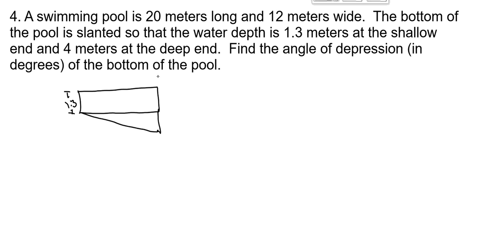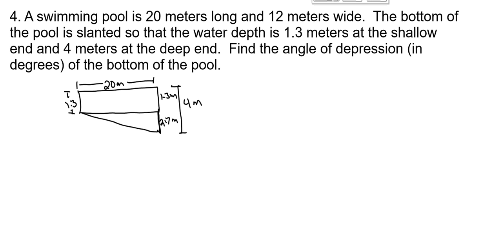We know it's 20 meters long this way. And 4 meters at the deep end. So I know this is 4 meters. And I wrote that a little bit further away because I also know this is 1.3 meters. And then if I take 4 minus 1.3, that's 2.7 meters. So I know that little piece of this as we go.